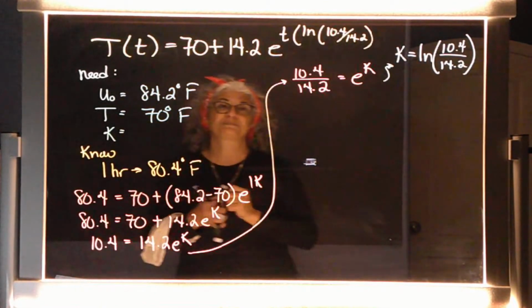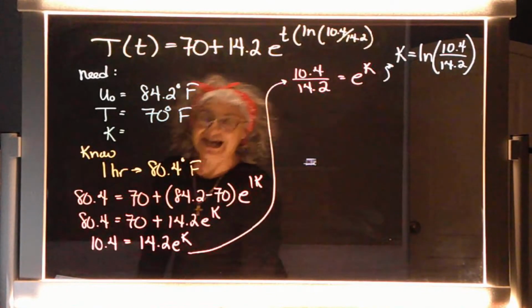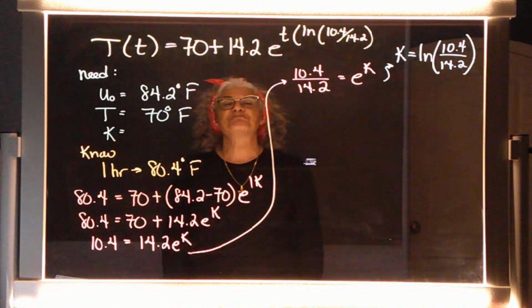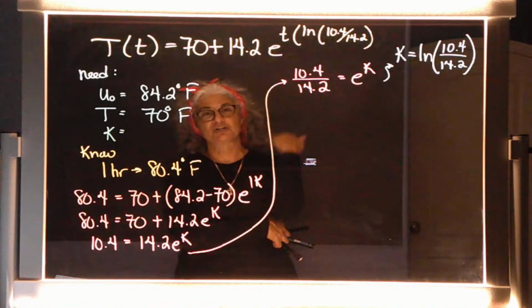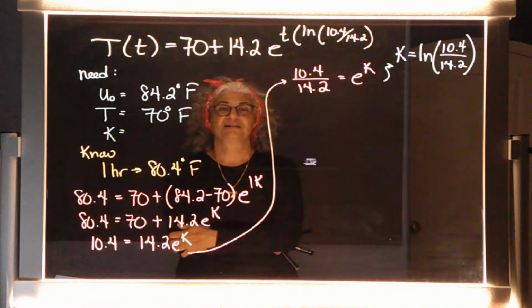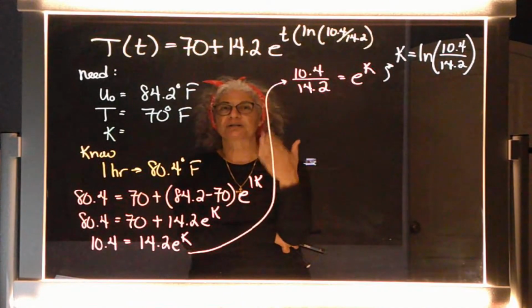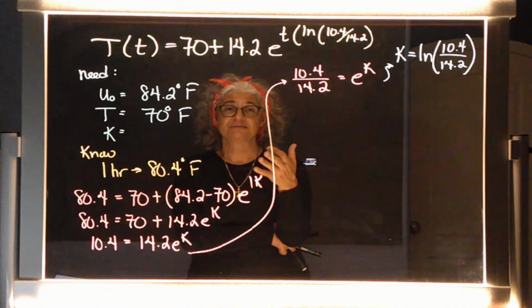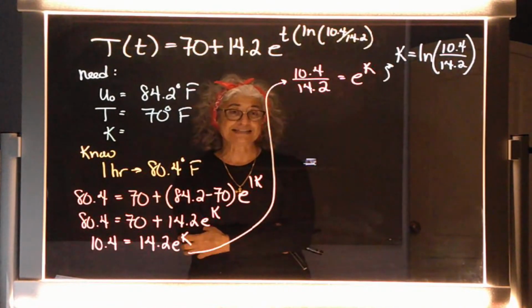Good? And now they want to know, when did this murder occur? How long? So you're looking for time, aren't you? Okay, so here's the deal. How long ago was in the past? So in the past, when the murder occurred, the temperature of the body in Fahrenheit is 98.6, isn't it?